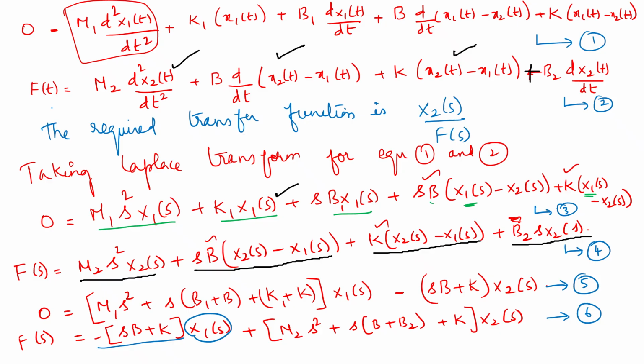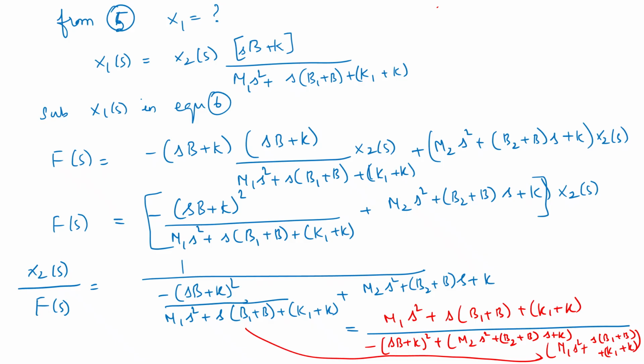From these two equations 5 and 6, we are supposed to find the transfer function x2 of s by f of s. We have multiple ways to find that. The parameter to be discarded is x1 of s.